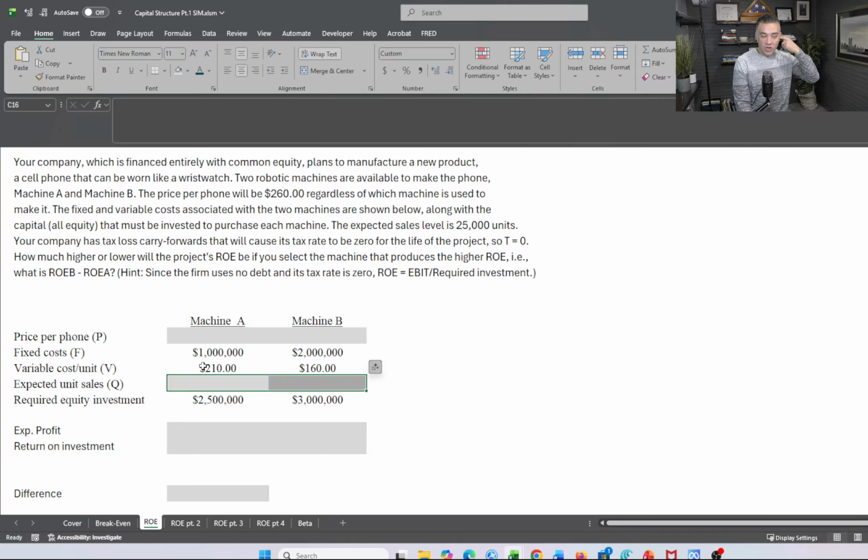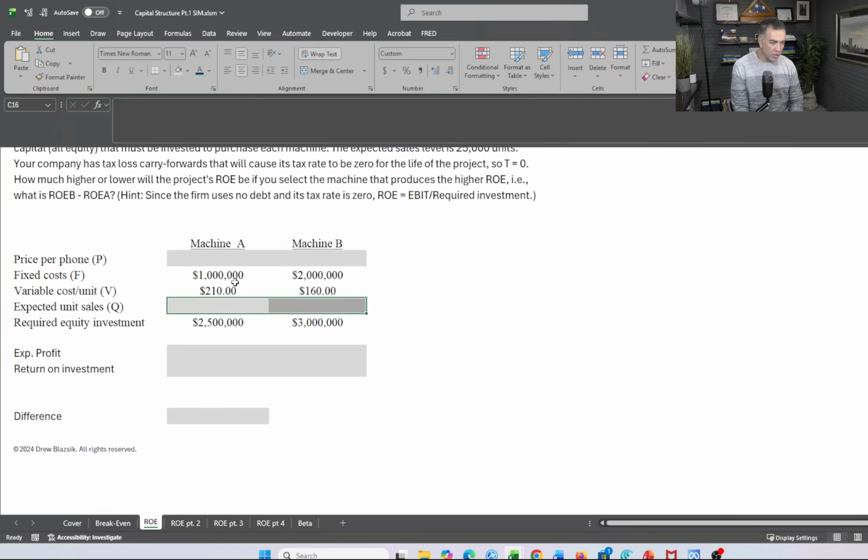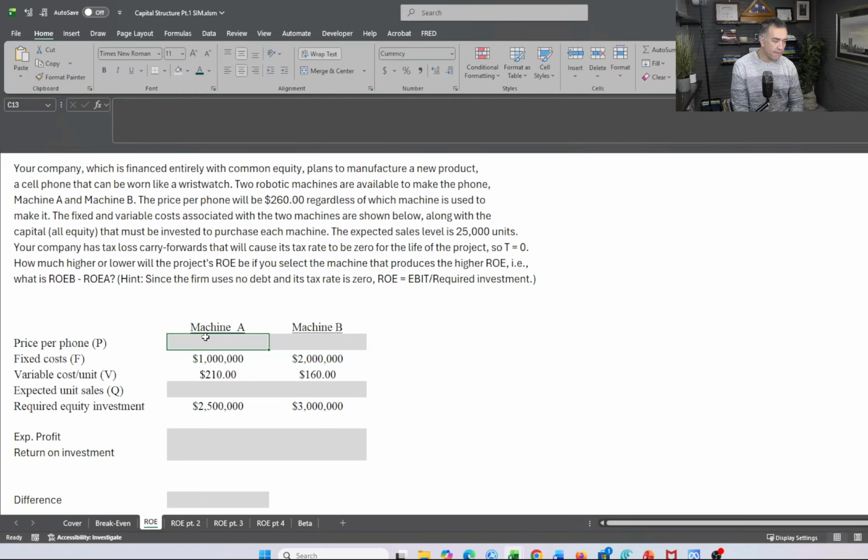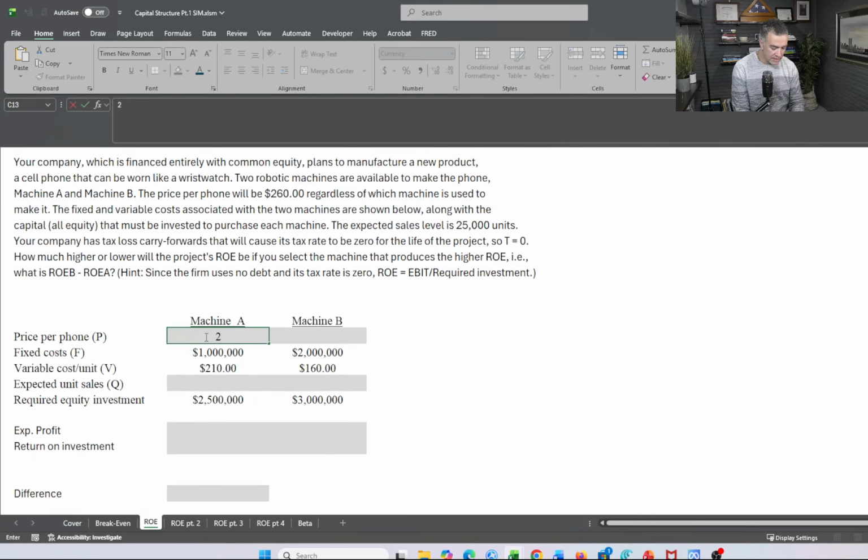Next is return on equity. So we want to know what is the price per phone. That's 260. What is our expected unit sales? The expected sales level is 25,000 units.